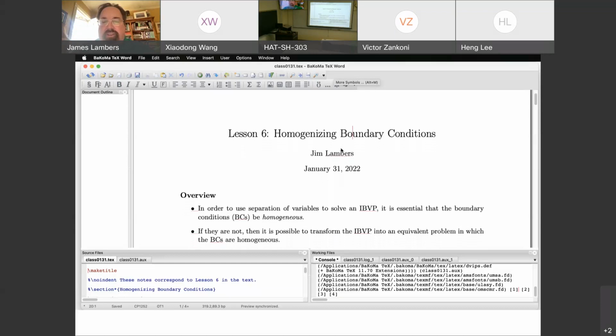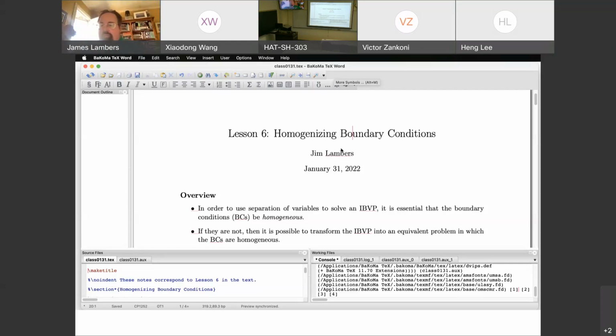The boundary conditions must also be homogeneous, meaning that whatever boundary value you're setting, whether it's the value of a solution at the boundary or the value of a first derivative at the boundary or some combination thereof, so a Dirichlet, Neumann, or mixed boundary condition, that expression must be set equal to 0. That's what is meant by a homogeneous boundary condition.